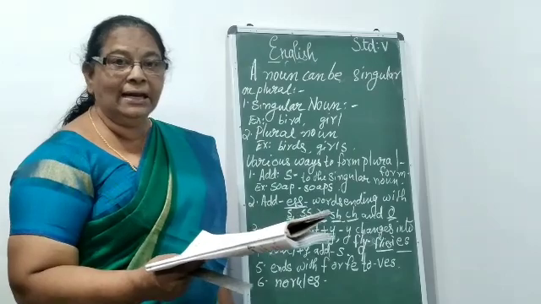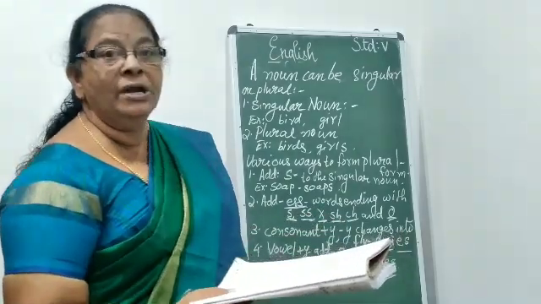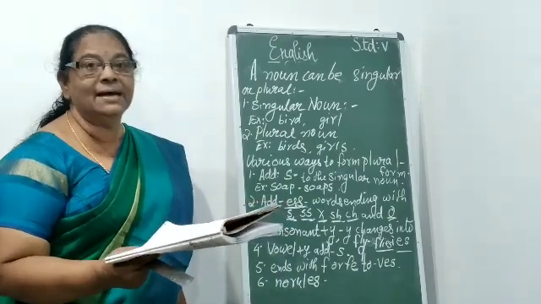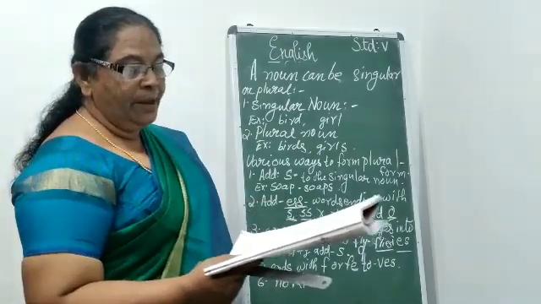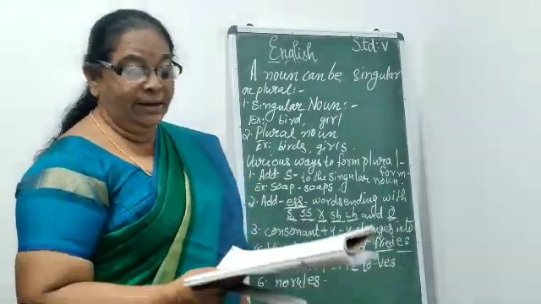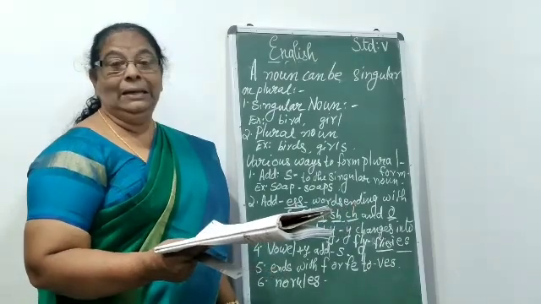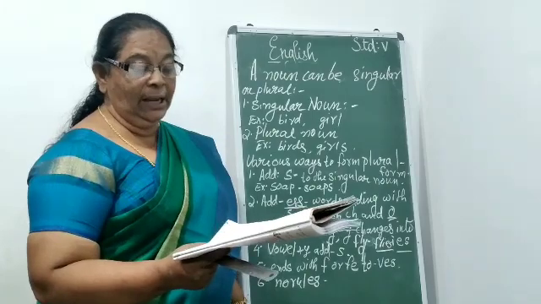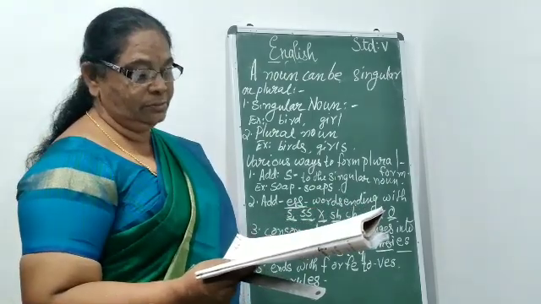Even though the letter is y, the sound is coming the A sound. A is the vowel. Okay. Then day, days. Valley, valleys. Okay. Like that you have to make the plural forms. Okay.